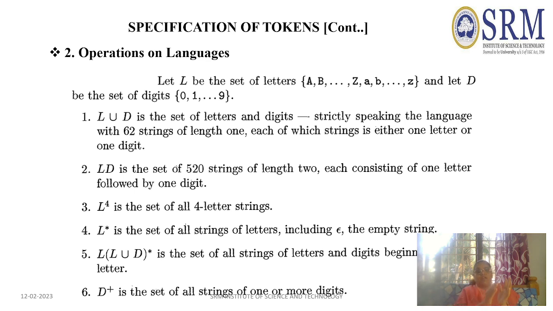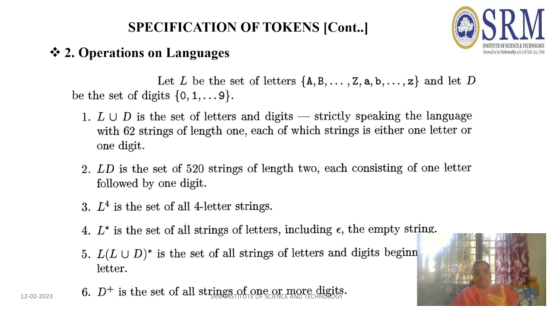The capital 260 strings plus the lowercase 260 strings together form what? 520 strings of length 2. So this is the example they have defined here. And L to the power 4. L to the power 4 means what? The set of all 4 letter strings. So in this language, from capital A to capital Z and small a to small z, you are going to have all 4 letter strings.